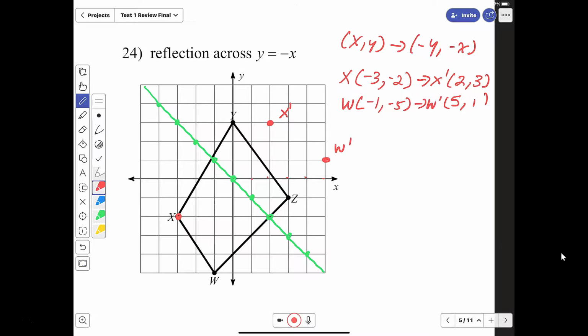Z is 3, negative 1, so Z prime is going to be 1, negative 3. That's Z prime. So we need Y. Y is going to be 0, 3. So Y prime is going to be negative 3, 0.